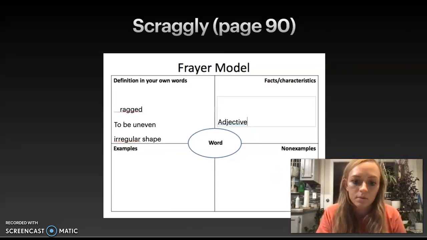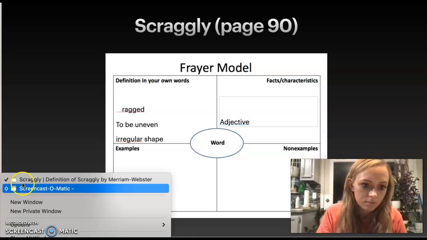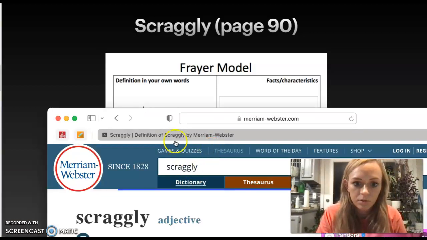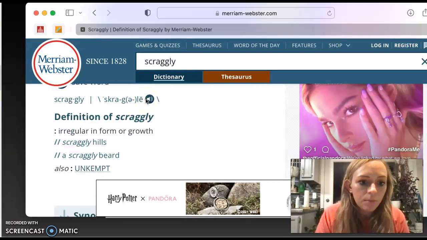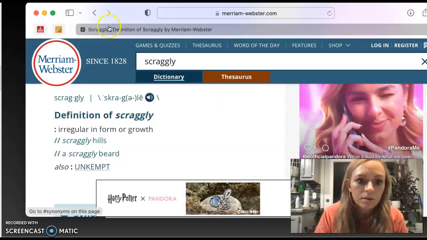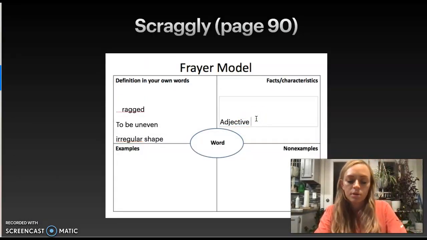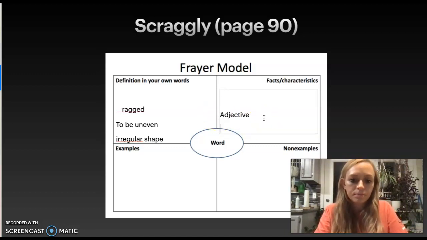And we know that it can describe an object, describe what something looks like.